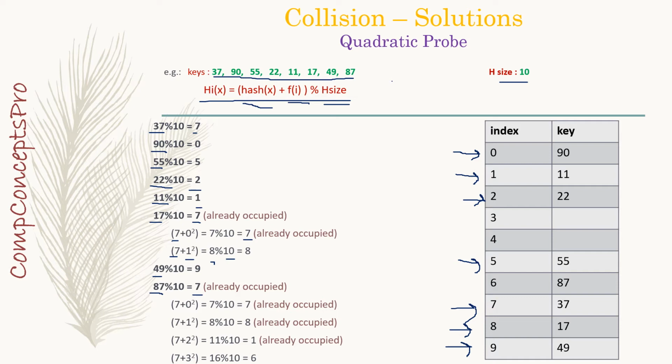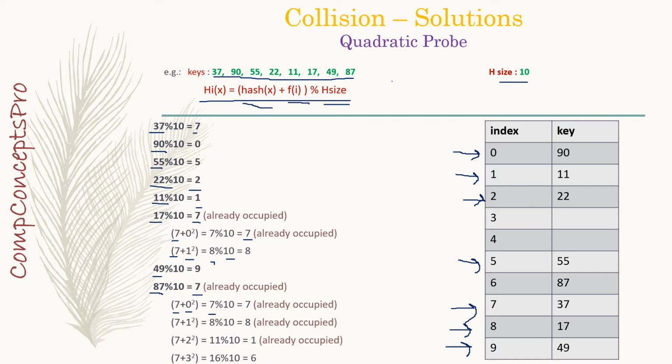So this 7 is hash of x, which comes from the result of the division method, plus f(i). Initially, in the first step the value of i is 0, so i square means 0 square. So 7 plus 0 square will give 7.